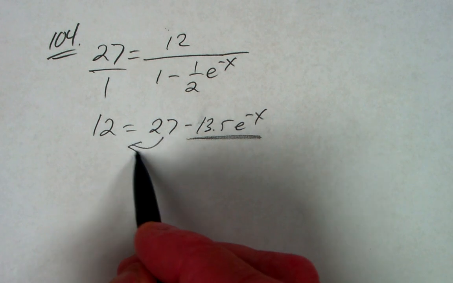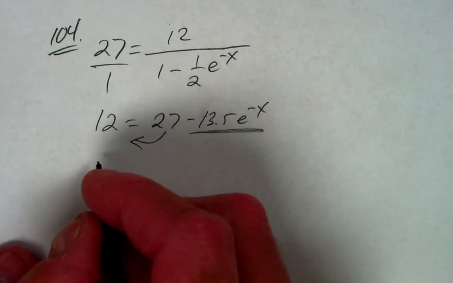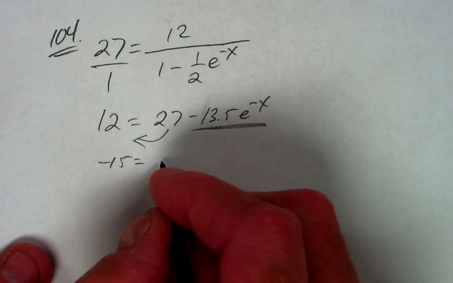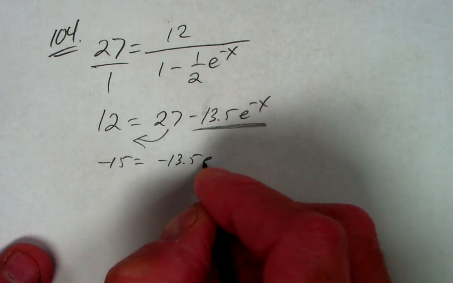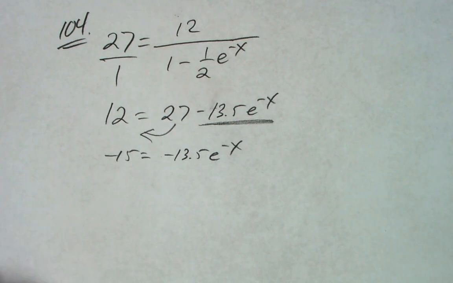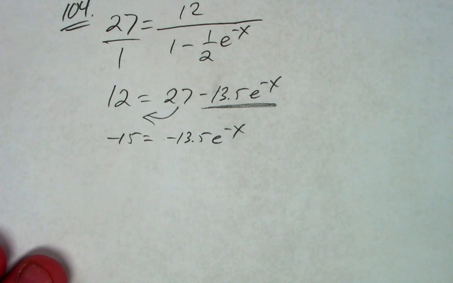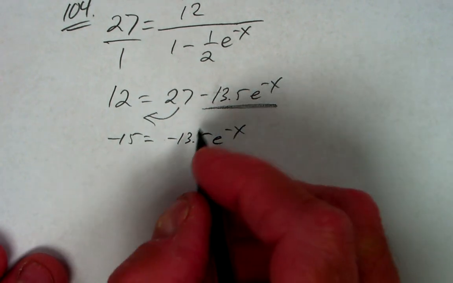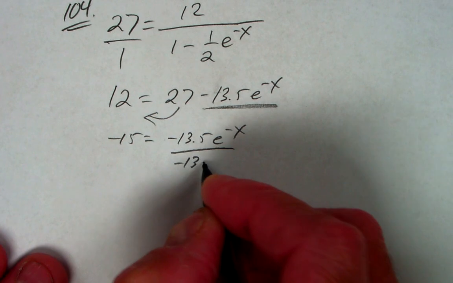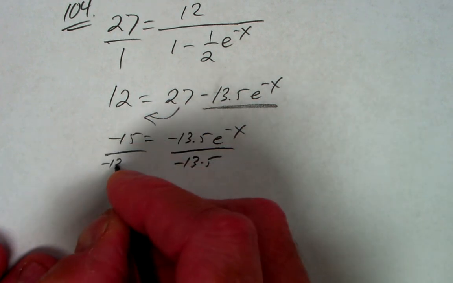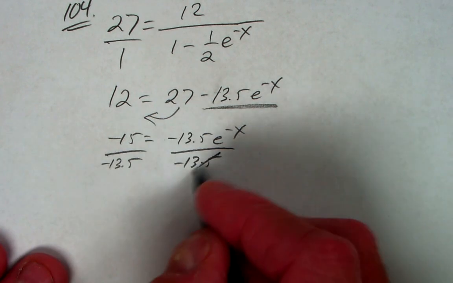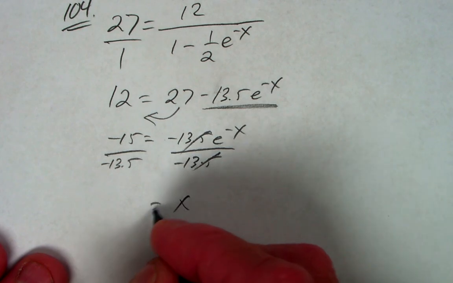So let's get rid of that. Subtract 27, which I know I'm being patient. Now what? Divide by my negative 13.5. You get 1.1 repeating.